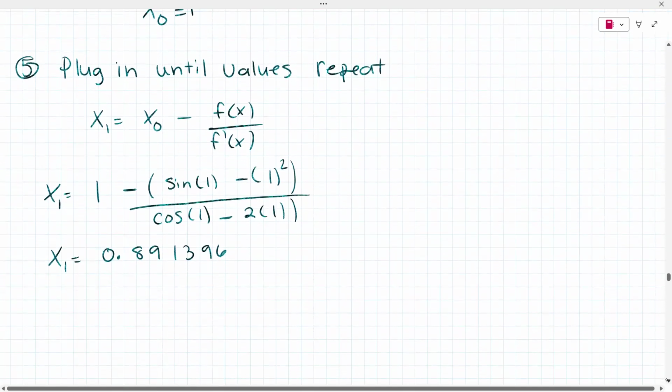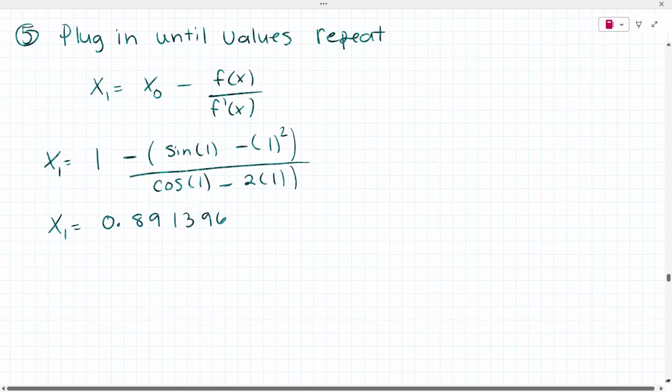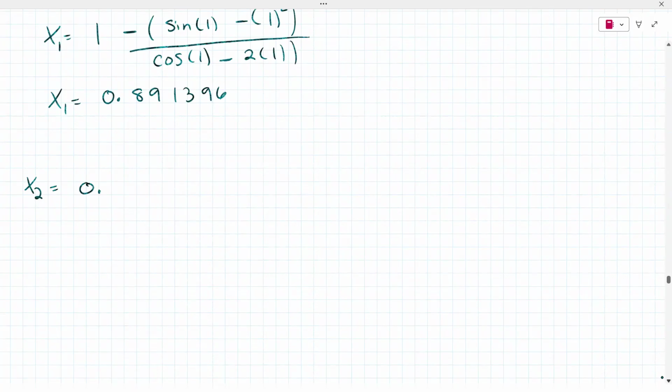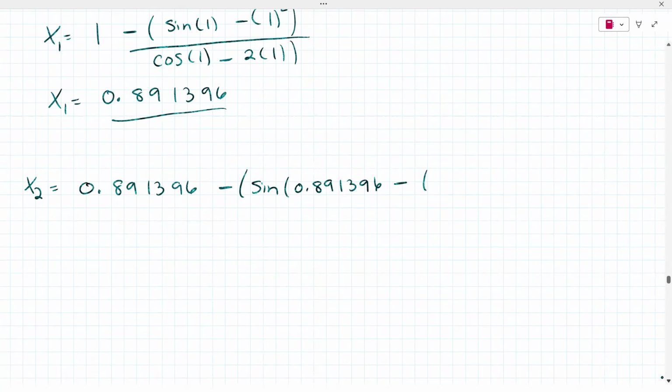Okay, continue. Let's find x2. So x2 is 0.891396 minus sine of whatever this number is, 0.8936, minus 0.891396 squared.